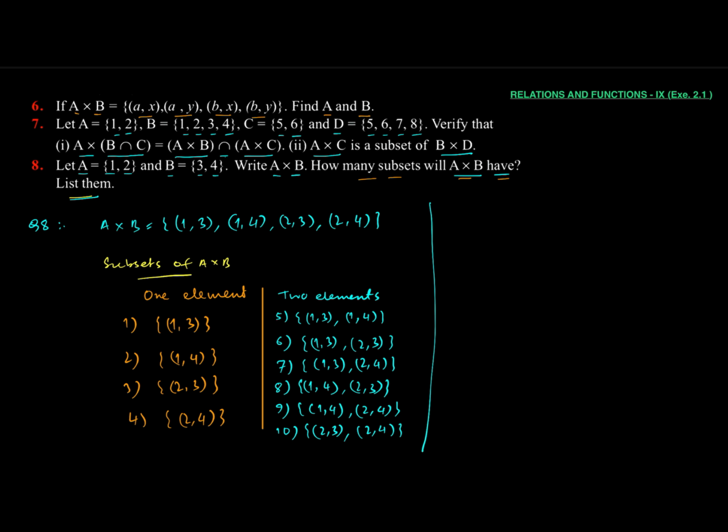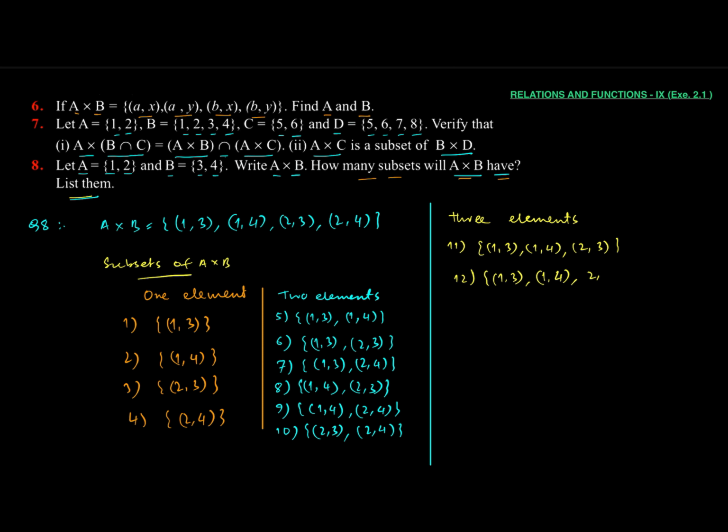Now let us take the subsets having 3 elements. So this will be the 11th one. It will be having elements 1 3, 1 4 and 2 3. The 12th subset will be having elements 1 3, 1 4 and 2 4.